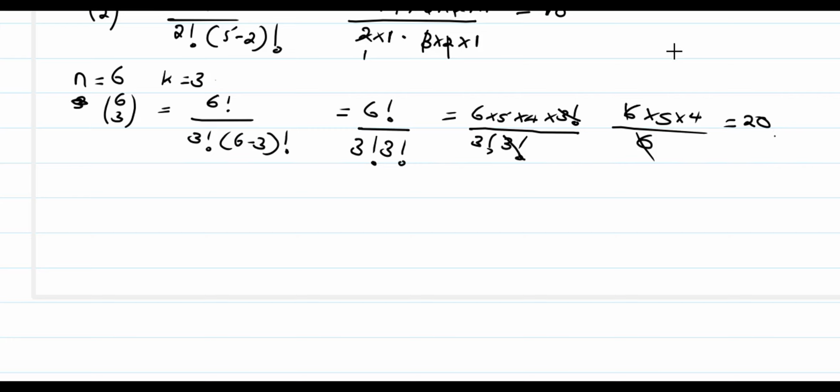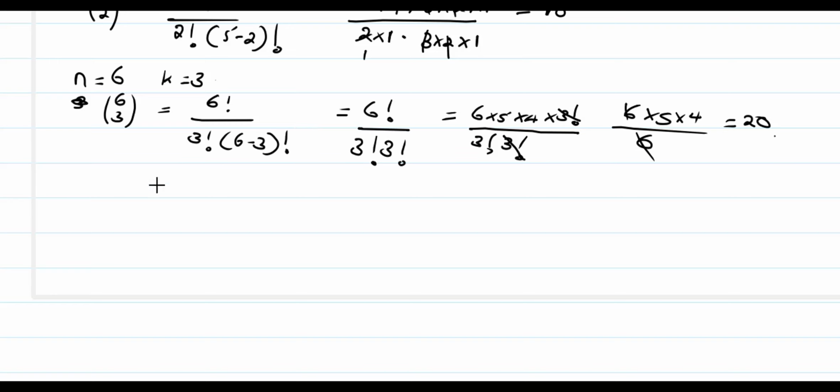So can we try the last example? How can we choose 4 fruits from 7? How many ways can we do that? If we go back to our board, the question now is n is 7 and k is 4.